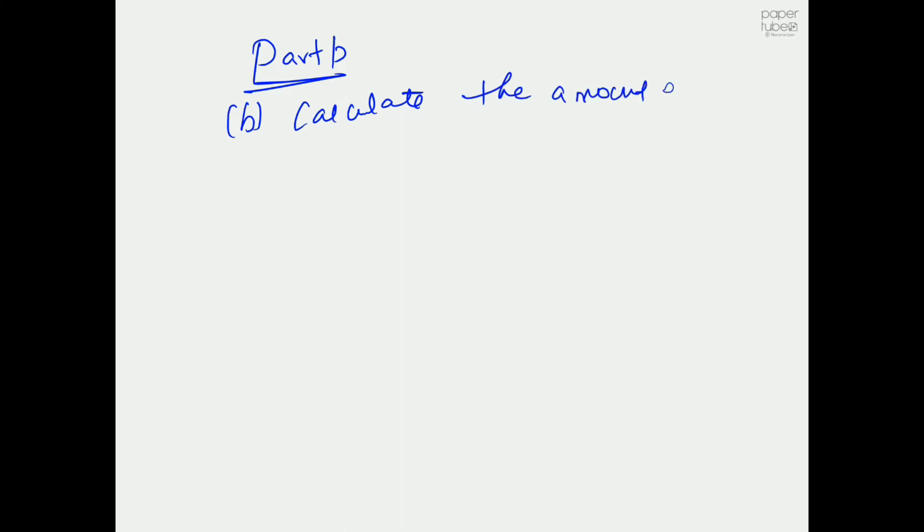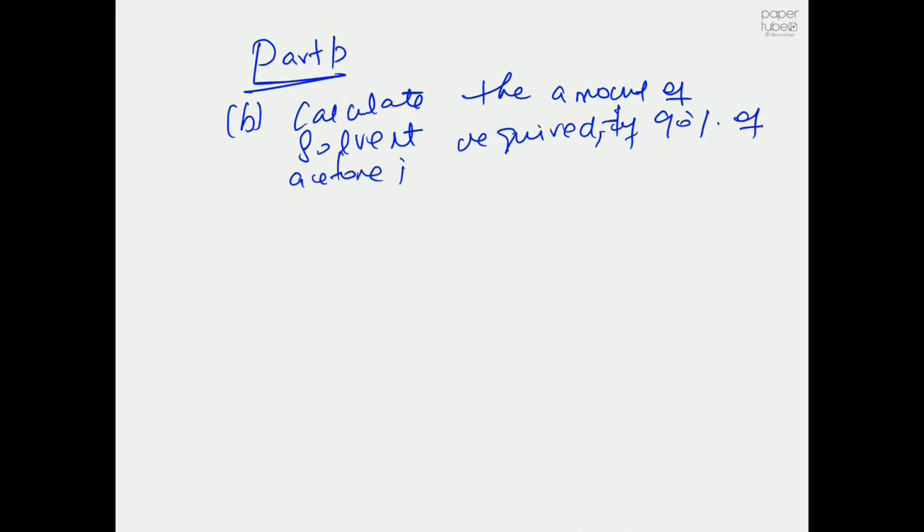So what is part B? In part B, what I asked is, let me check the question. Part B is to calculate the amount of solvent required if 90% of acetone is to be removed. So this is a really cool engineering question.